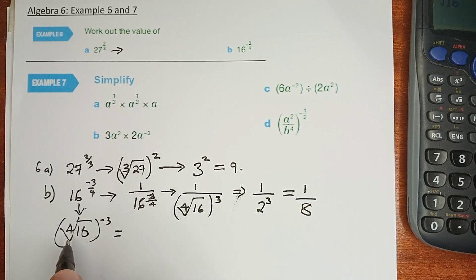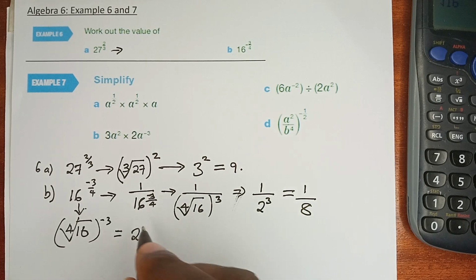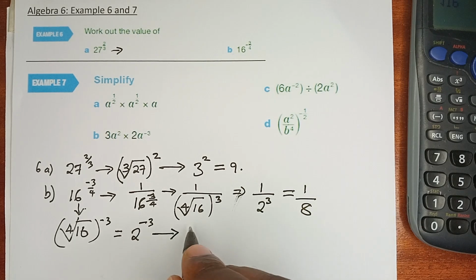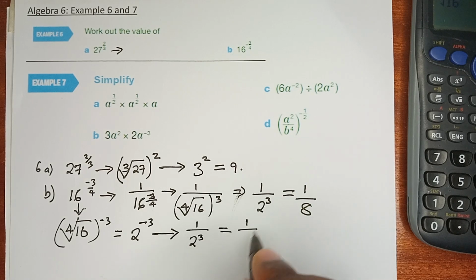And you know that the fourth root of 16 is 2, and it is 2 we raise to power minus 3. This is now when we introduce the fraction, which is 1 over 2 cubed, which is now 1 over 8. That is it. And that is the end of the story as far as that one is concerned.